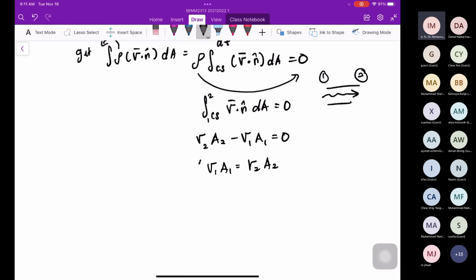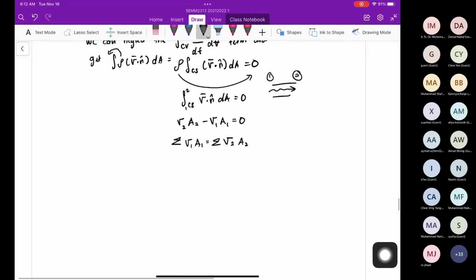Or we can make sure this is the inlet, 1 as the inlet, as the summation. Summation of inlet equals summation of outlet.